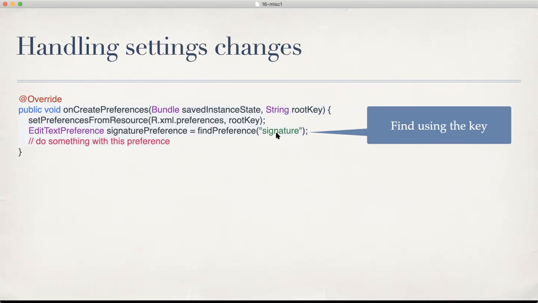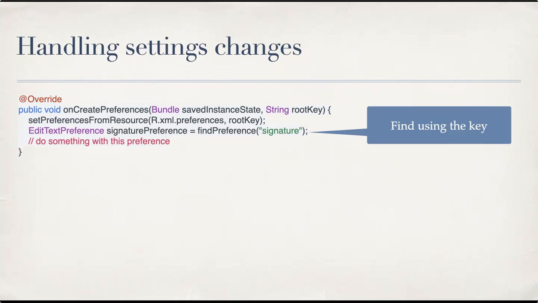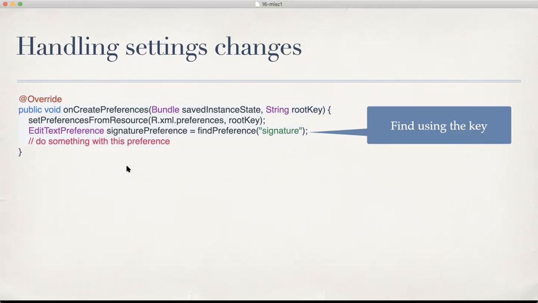Here you're passing signature. Email app signature is an EditTextPreference because you can put in your text in there, and this is how you'll grab it. Then you can handle it by getting the text out of it and using it in your compose email activity or fragment.